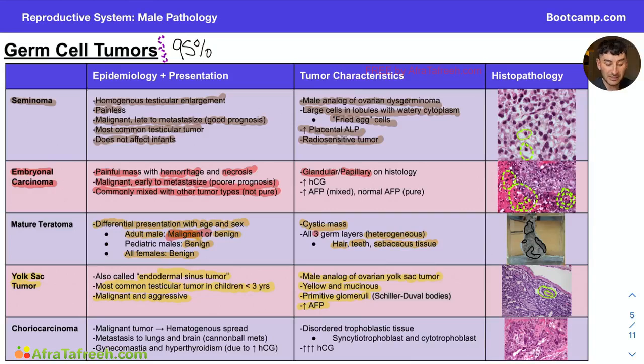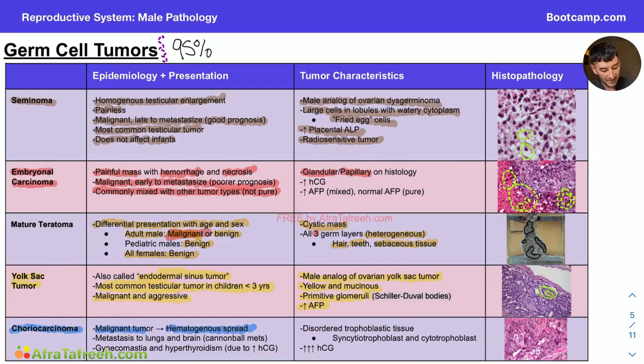Finally, let's wrap up by talking about choriocarcinoma, which is going to be a malignant tumor with hematogenous spread, which means that it can easily spread through the bloodstream. And we talked about this a little bit in our talk on molar pregnancies, because this is a complication of molar pregnancies. However, this can also arise as a testicular tumor from the germ cells of the sperm.